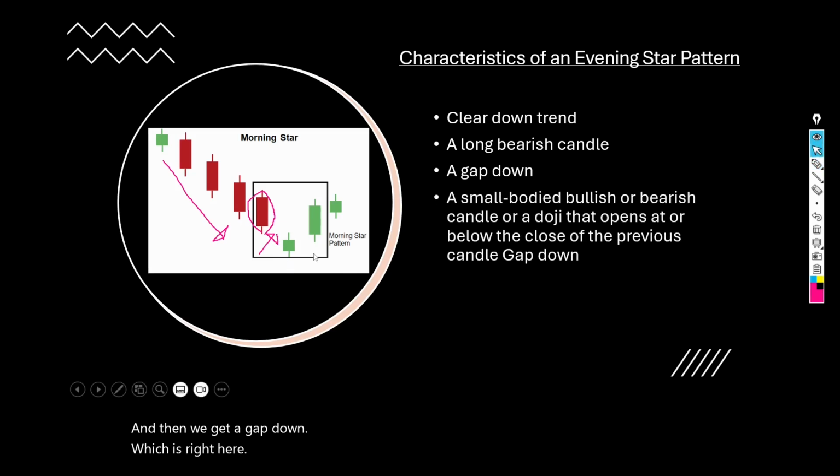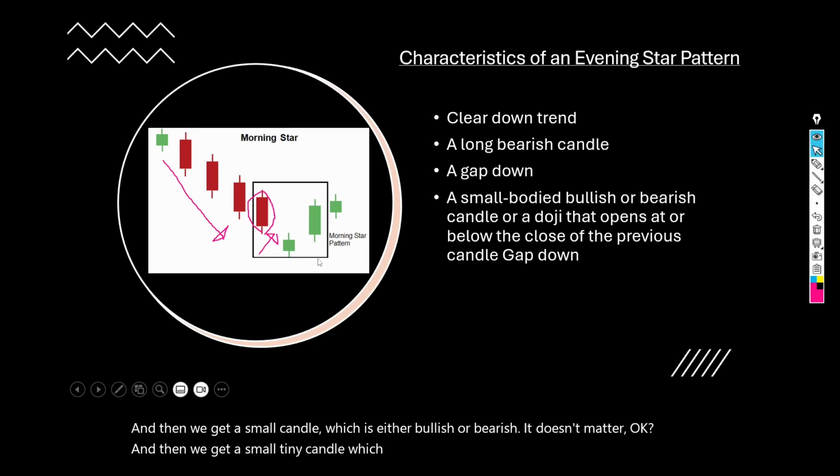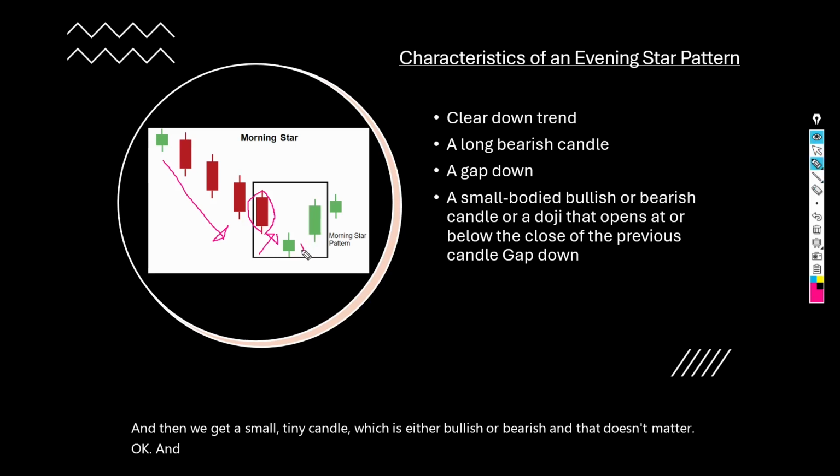And then we get a small tiny candle, which is either bullish or bearish, it doesn't matter. And then followed by a gap up, then followed by this big bullish candle.